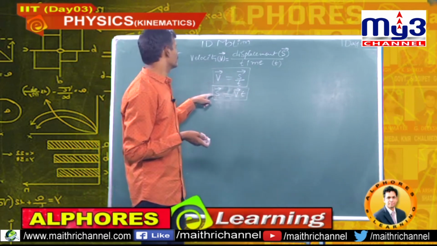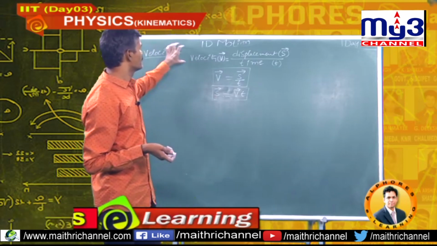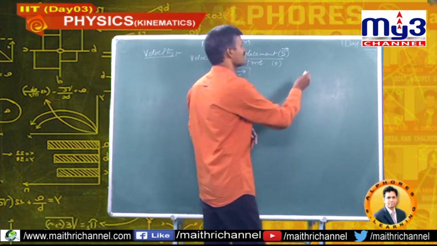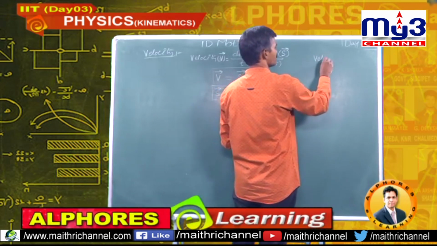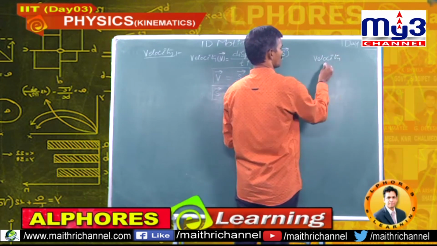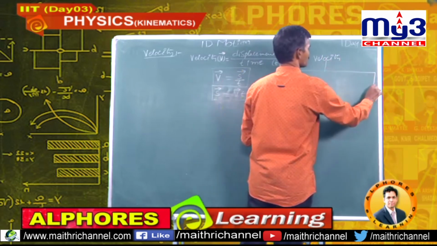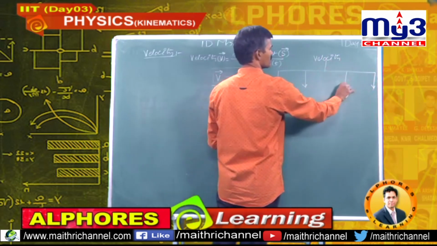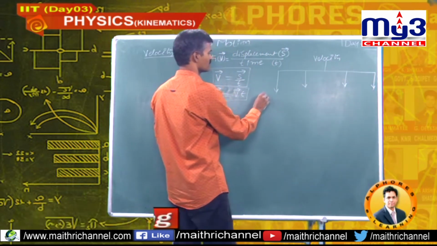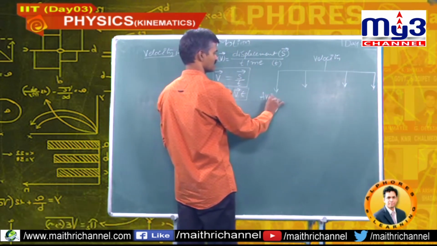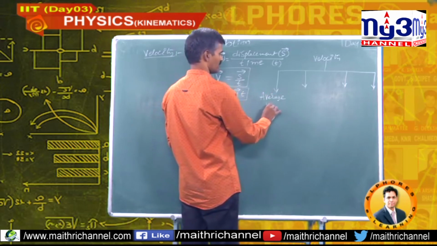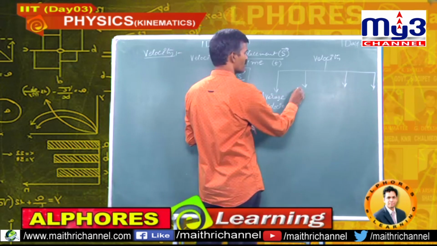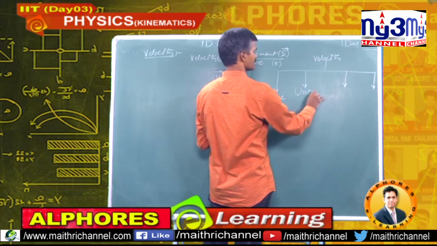To understand velocity, it can be categorized into 4 categories. What are those 4 categories? First one is average velocity. Second one is uniform velocity.